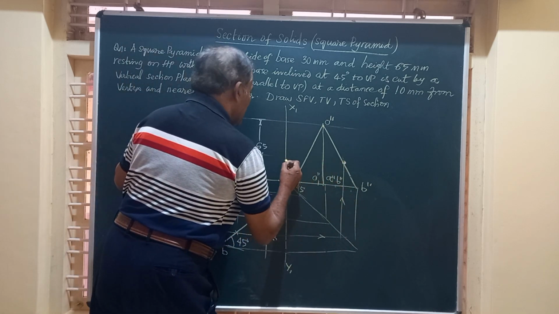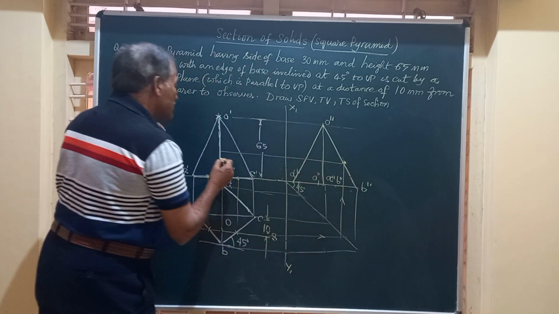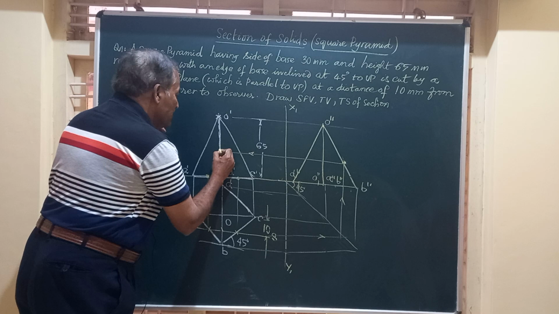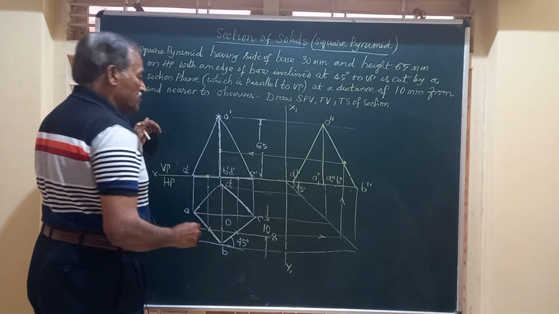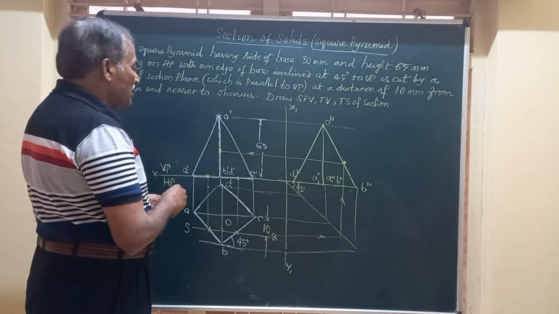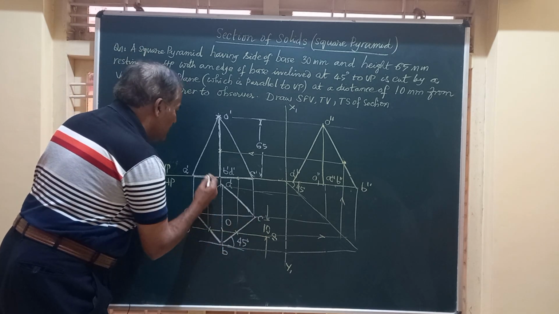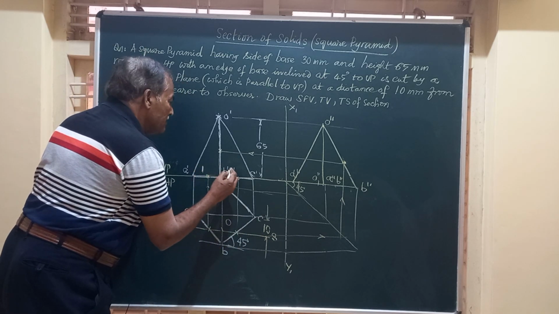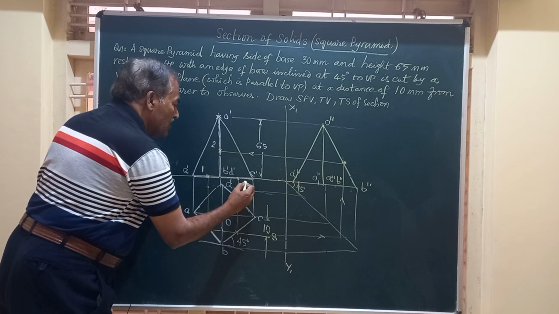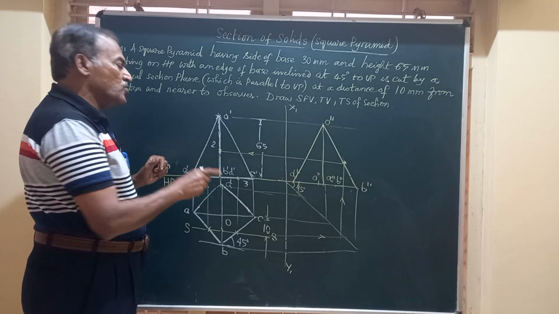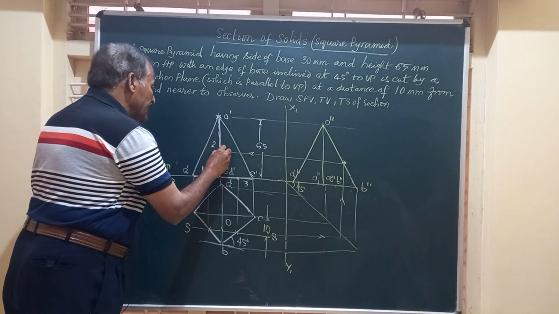From there, I write a horizontal line to cut O double dash, B double dash at this point. So friends, we have got 3 points, 2 on the base edges AB and BC. So I will call this as 1, this point as 2, and this point as 3. So totally there are 3 points, 2 on the base edges, 1 on the slant edge.